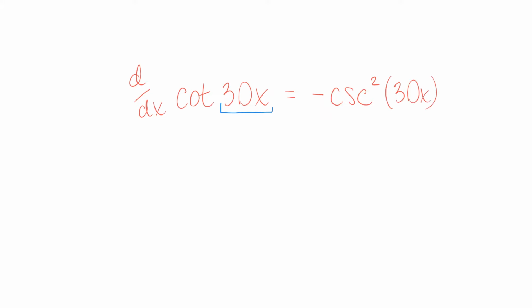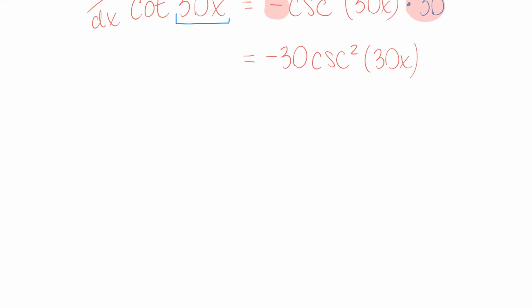Then we need to multiply by the derivative of 30x, which is 30. Rewrite this. That negative is going to multiply with this 30, so that's going to give us negative 30 cosecant squared 30x. Okay, not bad.